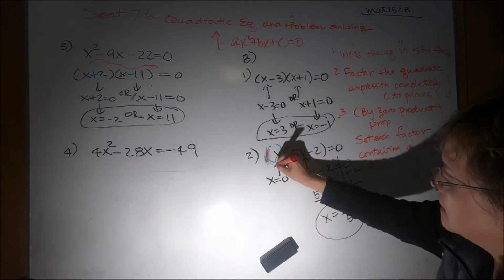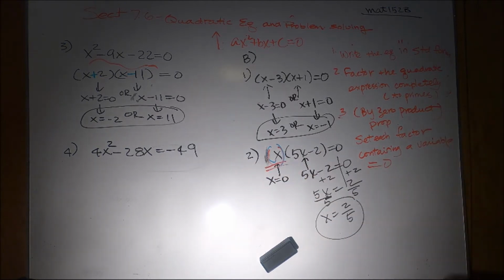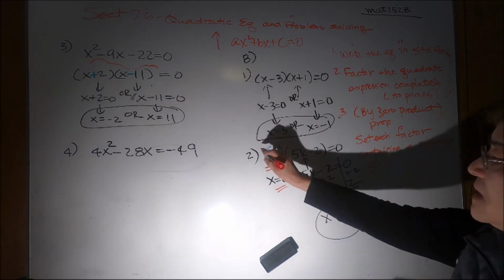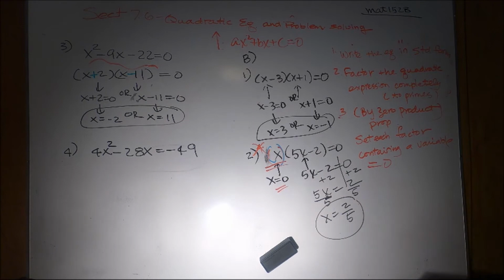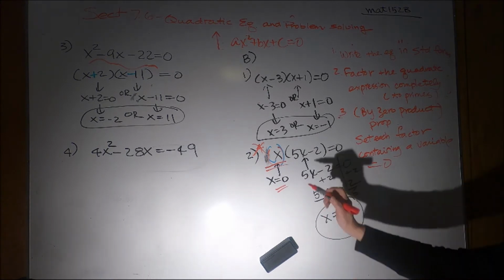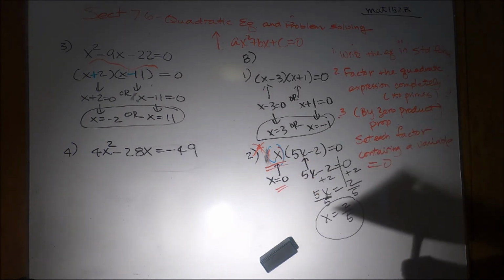Like this one has a variable, so you will set it to 0. If you have something outside, you can ignore it because you can divide it by 4, right? Then a number, we are not going to solve it. A number is a number. We are solving for x.